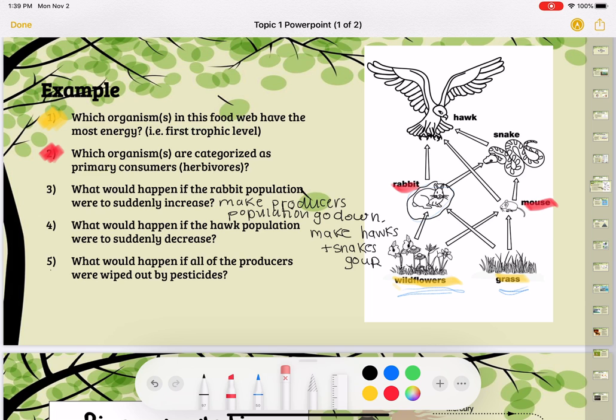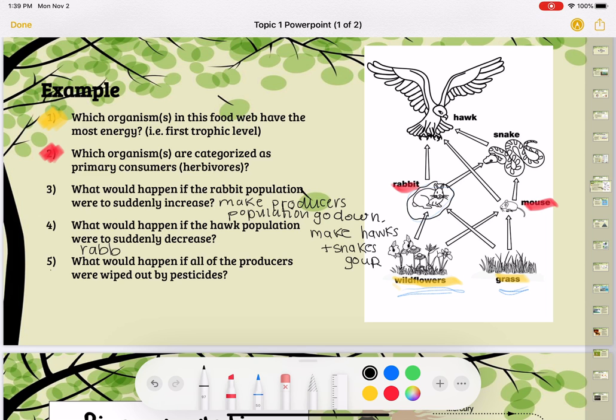Number 4 says, what would happen if the hawk's population were to suddenly decrease? So if the hawks were going down, what might happen? Well, the things that the hawk eats would probably go up, right? So the snake population might go up, and then the rabbit population might go up. So I guess I can write that right here.